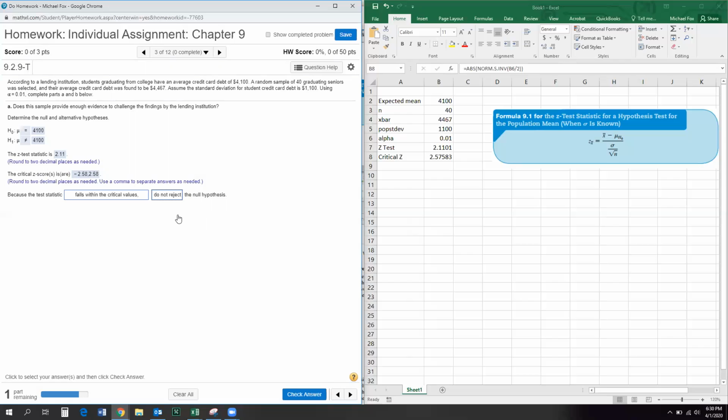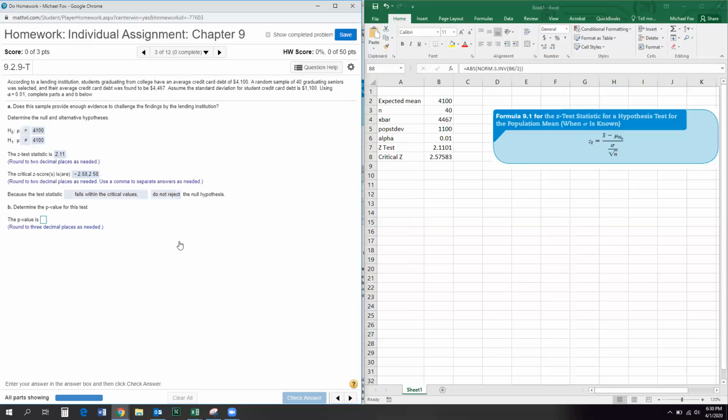If my test statistic was greater than 2.58 or less than negative 2.58, then I would have enough evidence at an alpha of 0.01 to reject the null hypothesis, to say it really does look like this can't be an average of 4,100. Here, even though our sample is more than 4,100, it's not enough more than 4,100 that we're willing to say we should reject that.